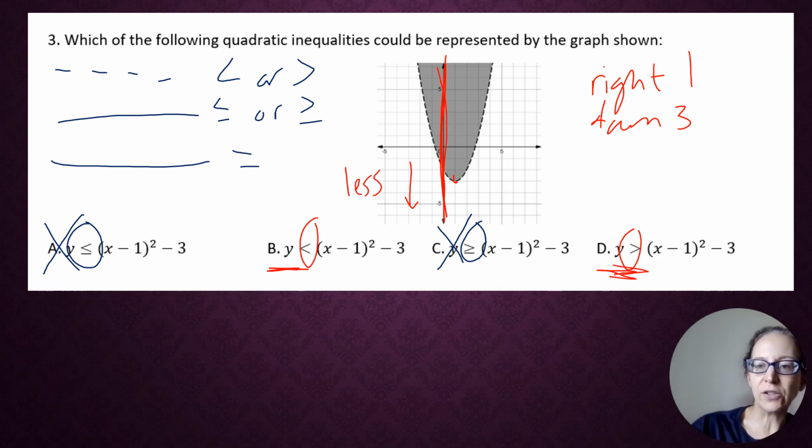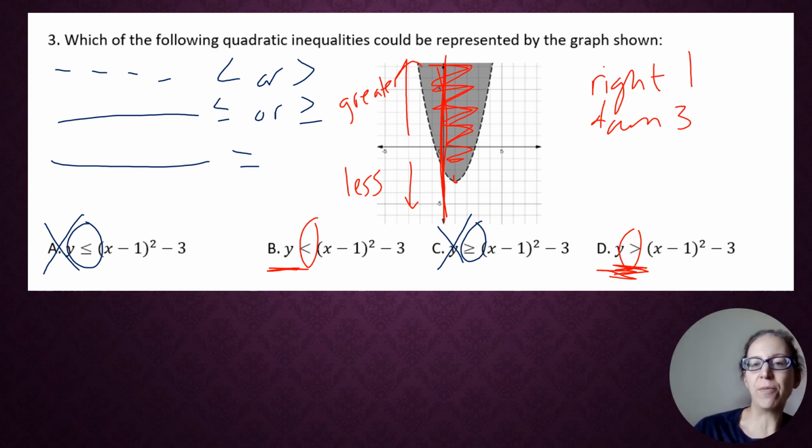If Y is greater than, it's going to be going towards the top. So look at where this is shaded. It is shaded above the parabola. Below the parabola is not shaded. So it is the greater than that is shaded, which means we're going to be picking answer choice D.